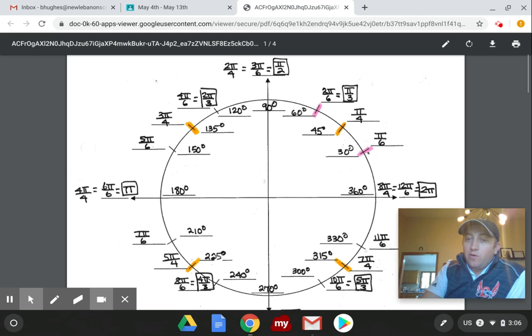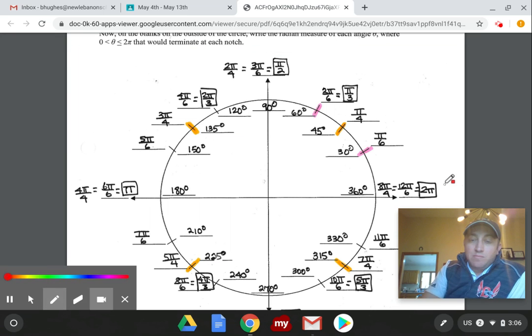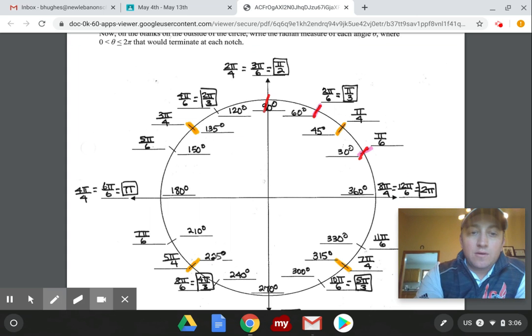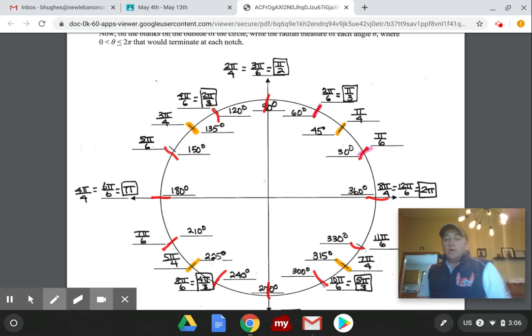I know that this first line right here is 30 degrees. So if I went around the unit circle and I just did multiples of 30, 60, 90, 120, 150, 180, 210, 240, 270, 300, 330, and then I'm at 360 going all the way around once.